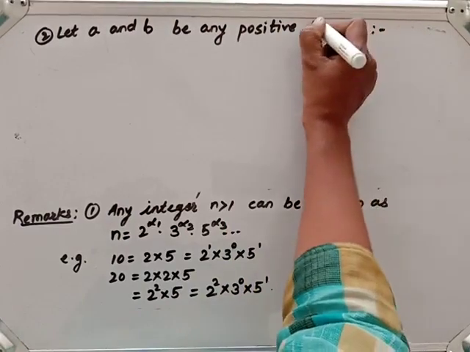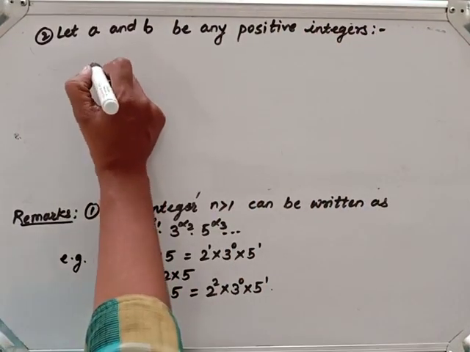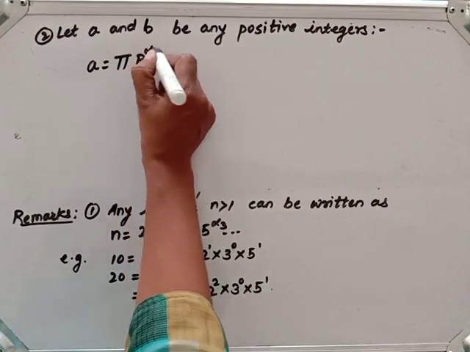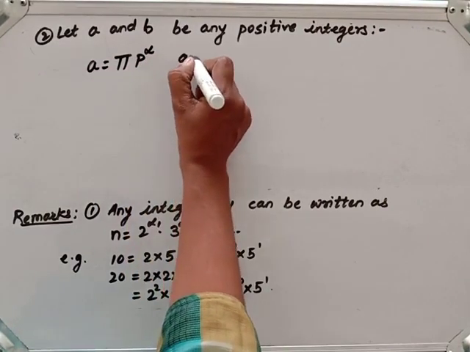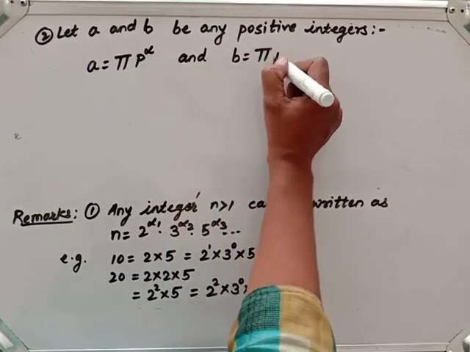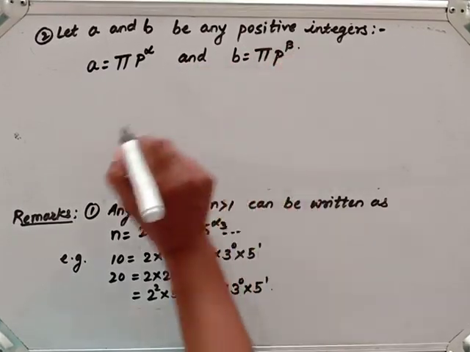Suppose A is equal to the product of p raised to alpha and B is the product of p raised to beta.